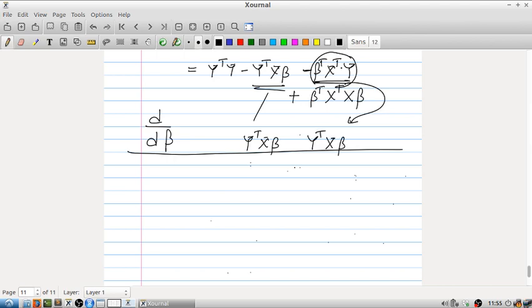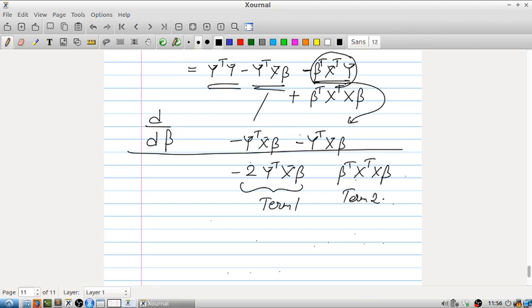The transpose of a scalar value is the scalar value itself, so it gives the same thing. So minus and minus, there's a minus 2 times y transpose X matrix times beta. That's the second term. The first term is anyway 0 if I take the derivative with respect to beta, because it doesn't involve beta, so get rid of that. And the last term is beta transpose X transpose X beta. Let's keep it as term 2.